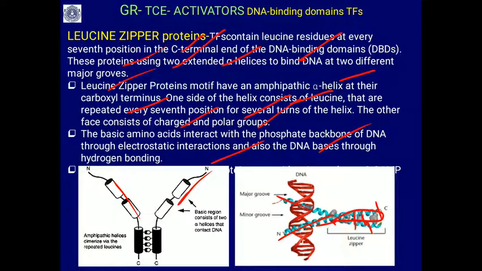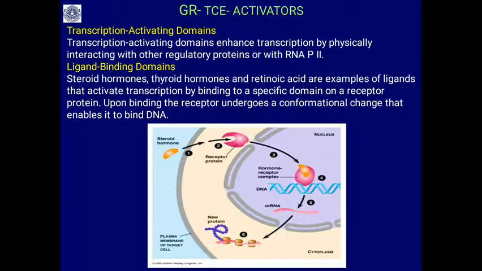Apart from this, there is the transcription activating domain, which enhances transcription by physically interacting with the regulatory protein. Then there is the ligand binding domain, in which a steroid hormone, for example androgen, enhances protein synthesis, such as muscle proteins.